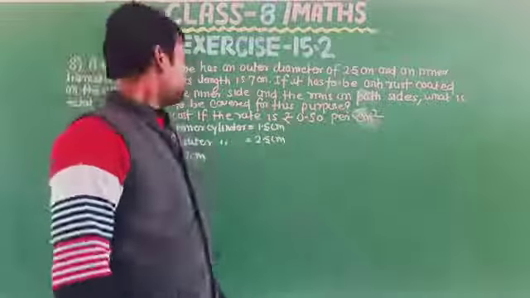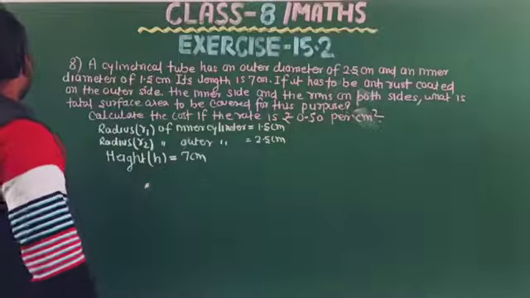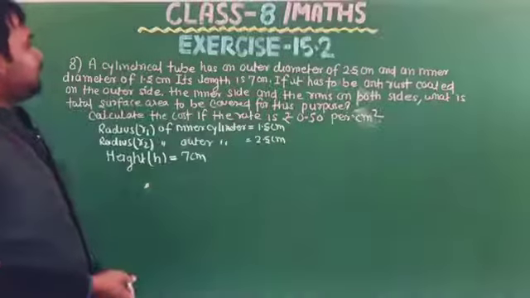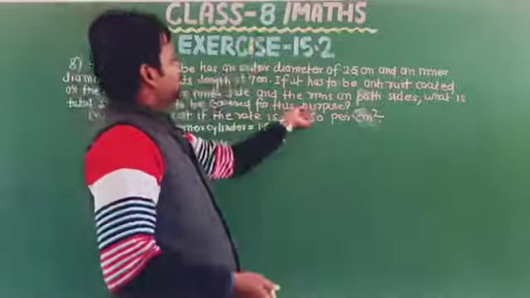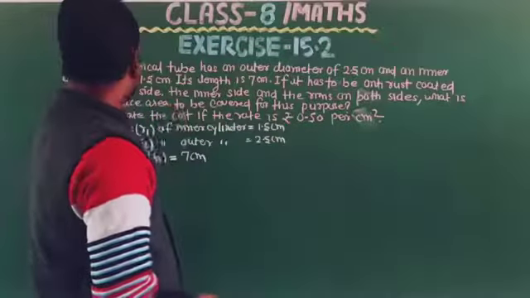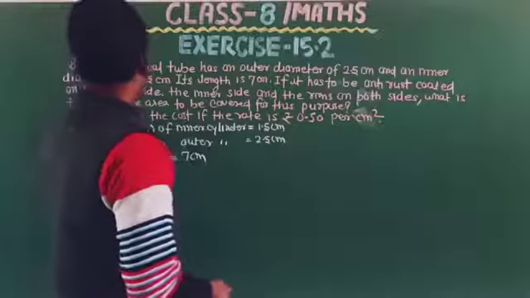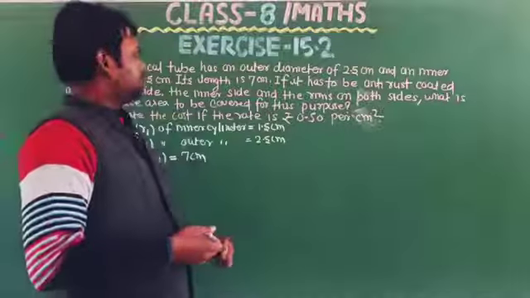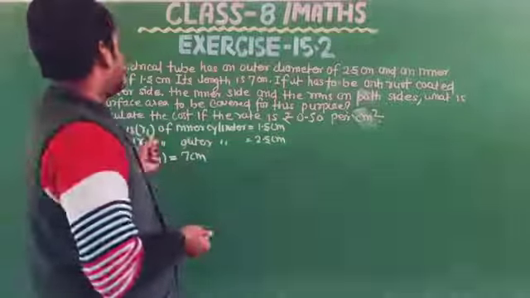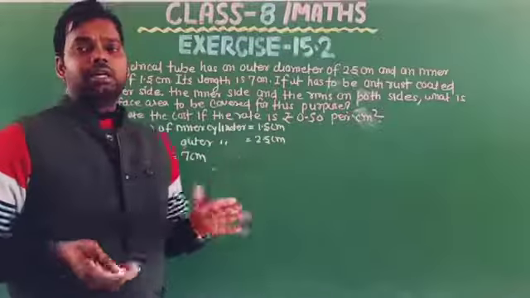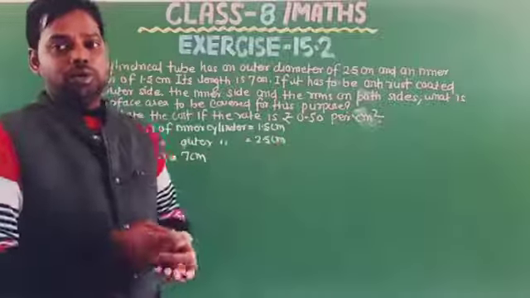Okay, and we have to find the total surface area. We need to paint the total surface area, inner and outer, and the area of the ring on both sides of the cylinder.